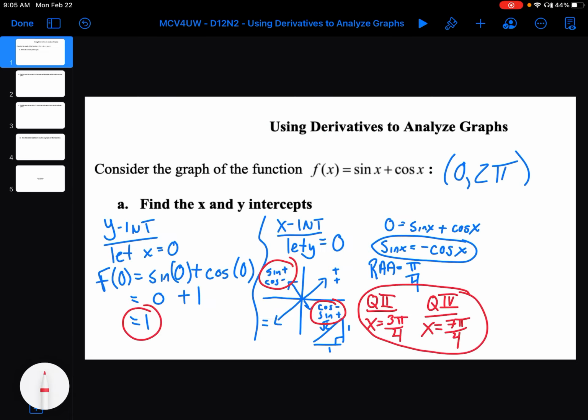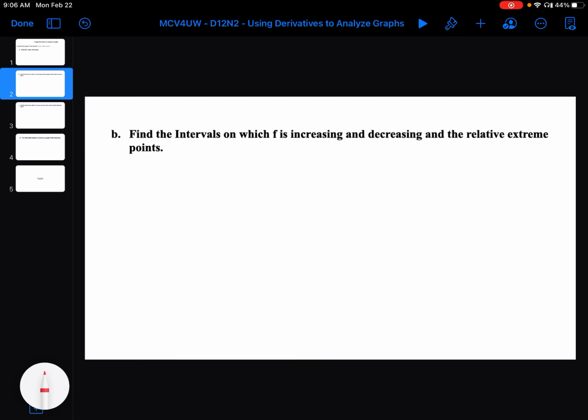So if f at x is equal to sine x plus cos x, we can find our derivative, and remember that when f prime at x, the first derivative of f at x, is positive, then the graph is increasing.